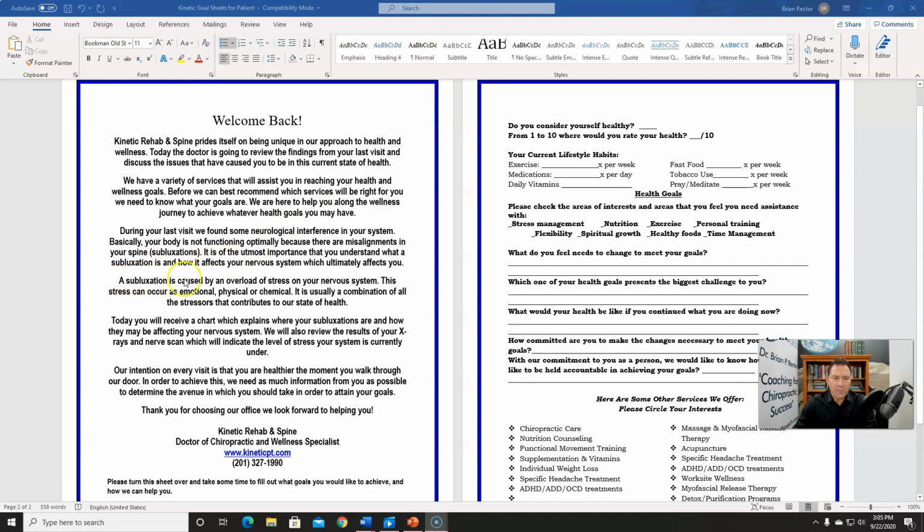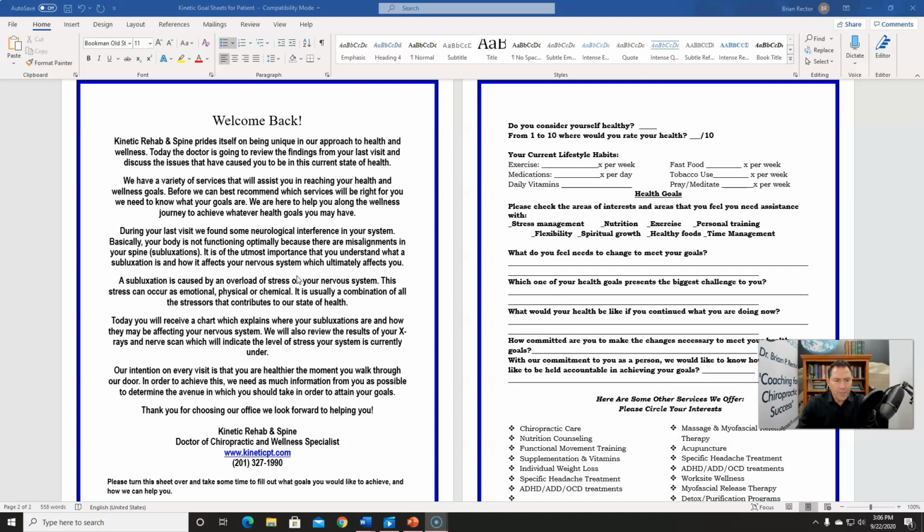Here we talk about a subluxation is caused by an overload of stress. Now, granted, we already talked about this on day 1, but this is, again, to reiterate on day 2 exactly what we told them on day 1. So when we look at what's coming up and when we review the subluxation sheet and also the thermoscan and SEMG, they are working off of this goal sheet.